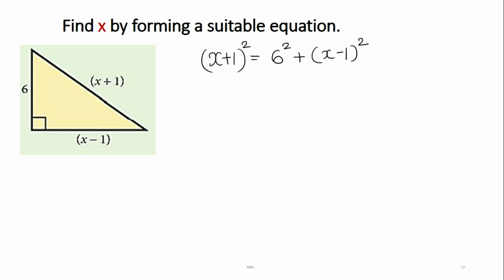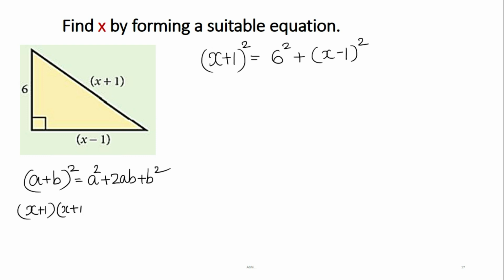When you have x plus 1 the whole square, you can apply the identity, which is a plus b the whole square is equal to a squared plus 2ab plus b squared. Now for students who cannot memorize this, you can always do the expansion of x plus 1 times x plus 1, which is the same meaning as x plus 1 the whole square.